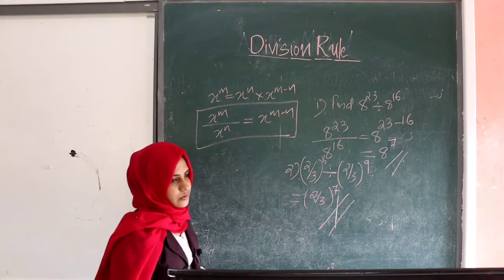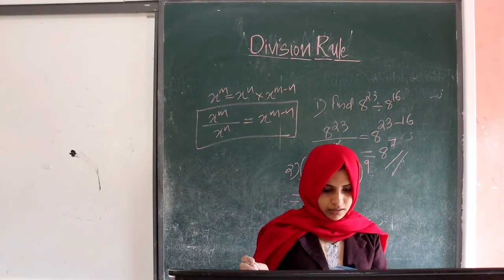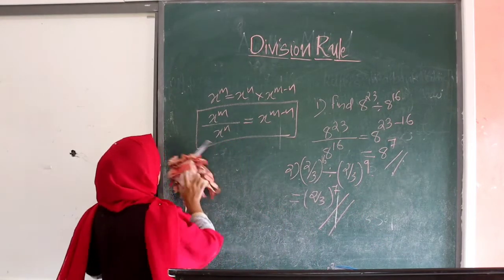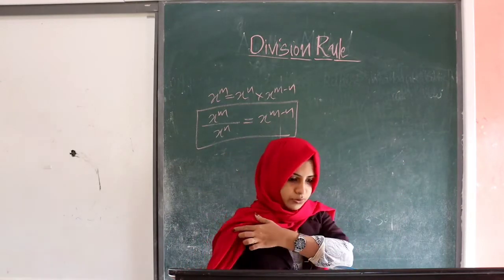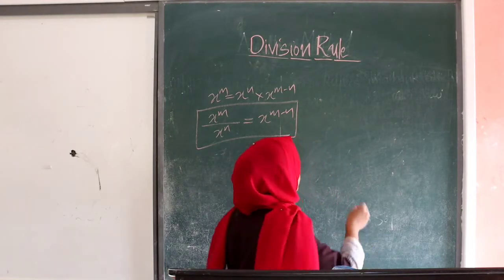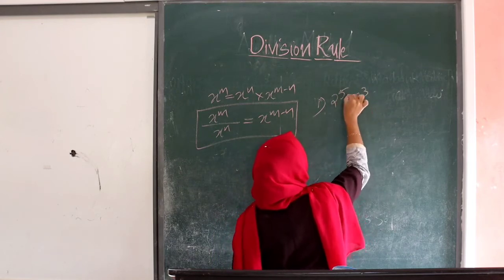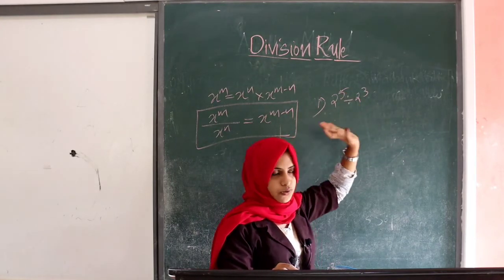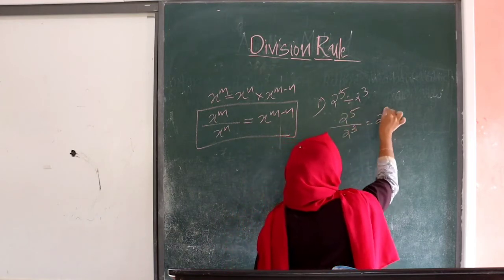The next questions are on page number 16, where there are 2 questions. The first question is: what power of 2 do we get on dividing 2 raised to 5 by 2 raised to 3? 2 raised to 5 divided by 2 raised to 3 means 2 raised to 5 minus 3.